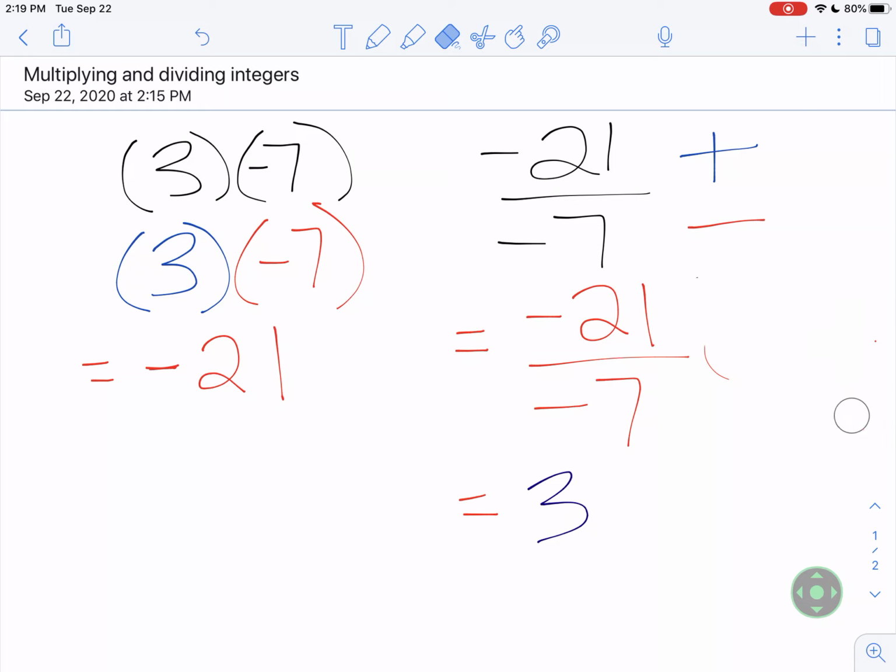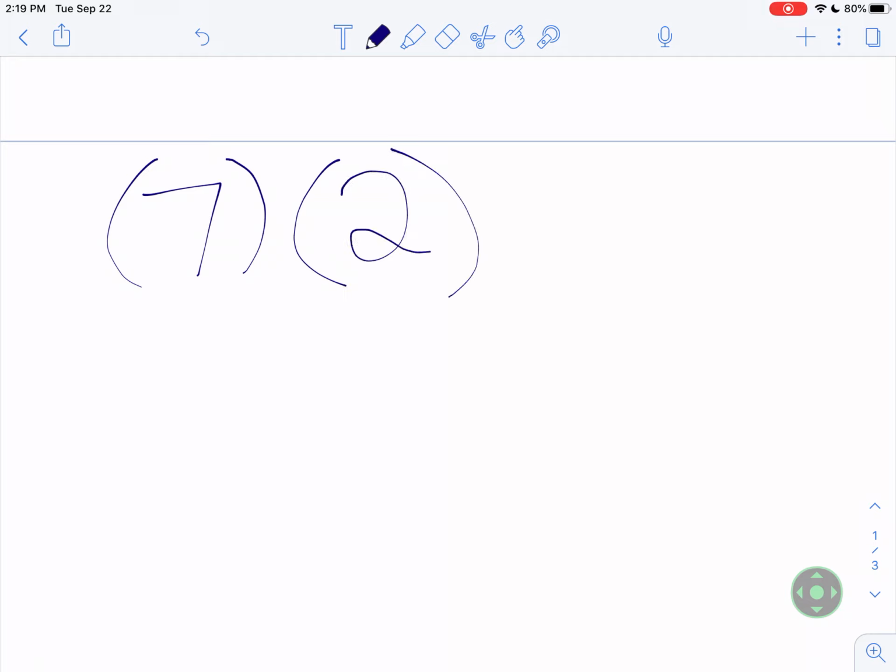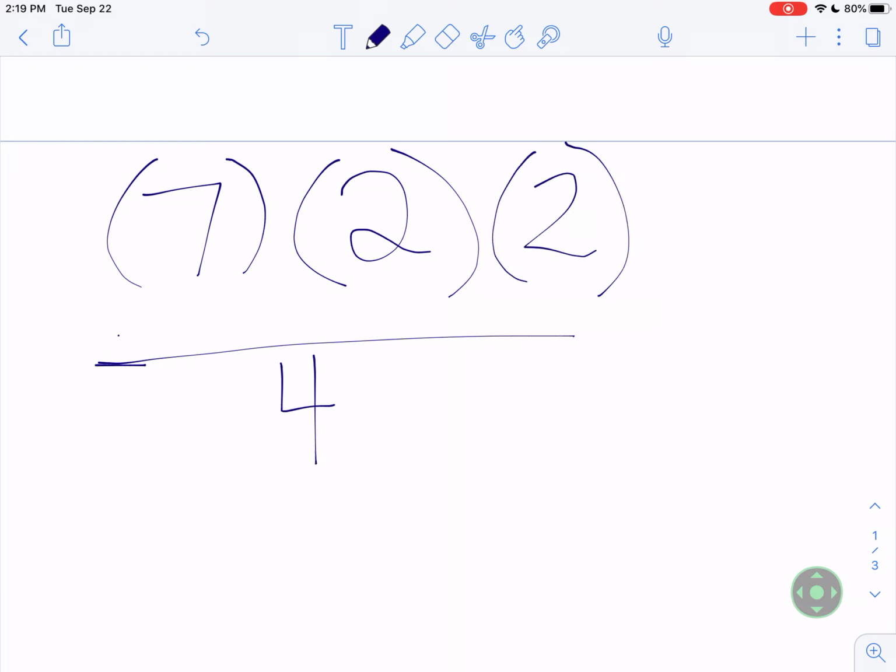So let's look at some harder ones. If I have 7 times positive 2 divided by 4, and I'm going to throw an extra times 2 up here. Right now these are all positive.